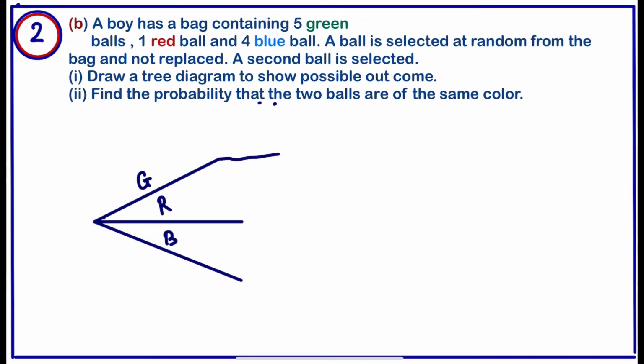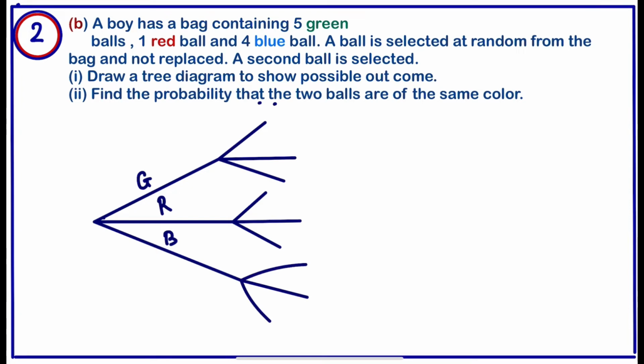So we are going to have 1, 2, 3, 1, 2, 3, 1, 2, 3. Okay. So this is how our tree diagram is going to look.